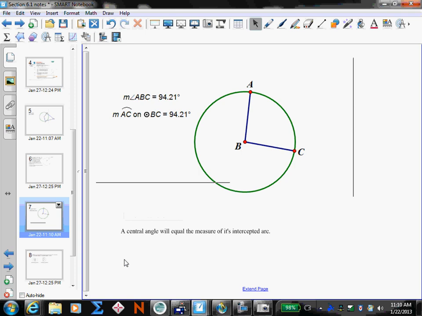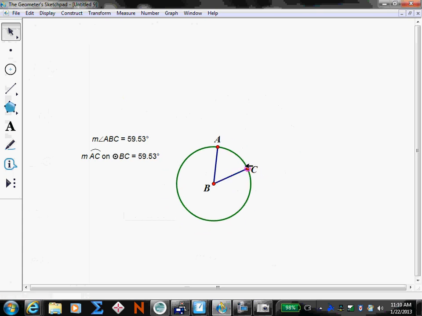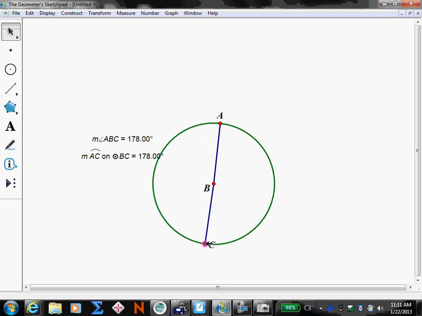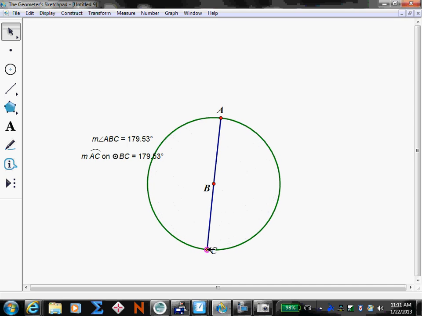Another thing you will want to remember are the measures of your arcs. Again, you might want to review notes from chapter 1. When it is less than a semicircle, notice what happened to my measure there.